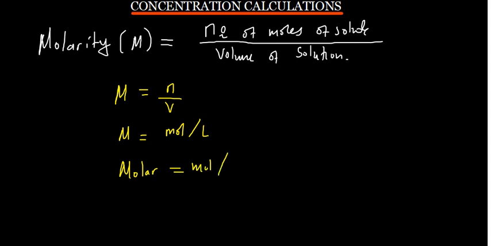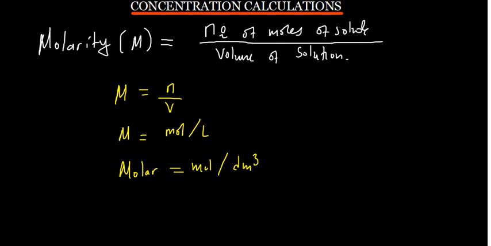Now we know that a liter is equal to a decimeter cubed. So molar is the same as mole per decimeter cubed. So 1 molar is equal to 1 mole per decimeter cubed. So this is molarity.